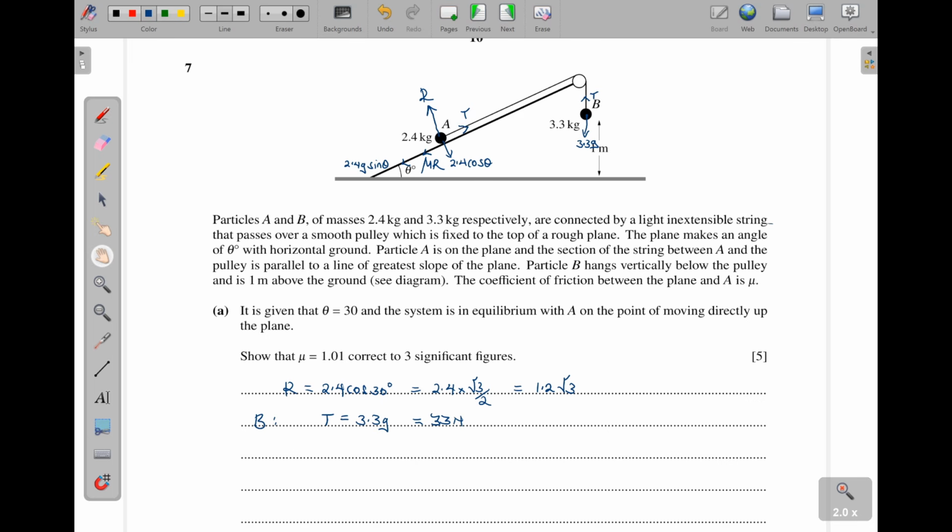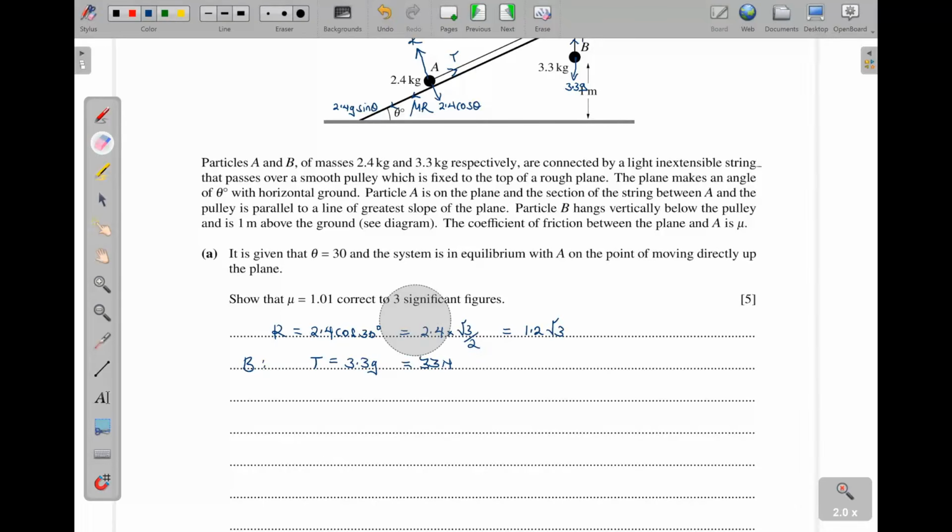Then, let's look at the ones that are acting on A. We shall have the tension, which is equal to the mu R, and then plus the 2.4 G, then sine the angle, which is 30.